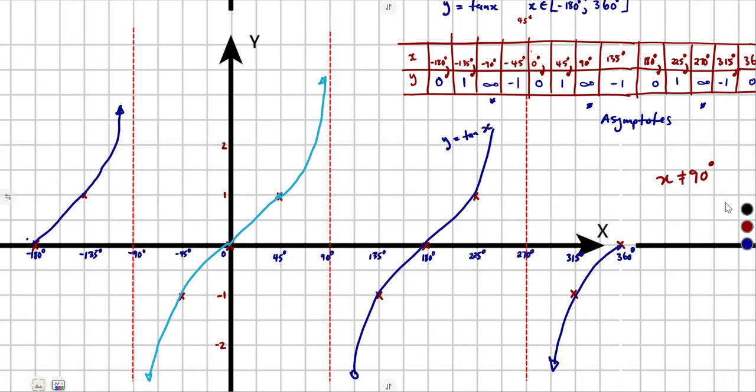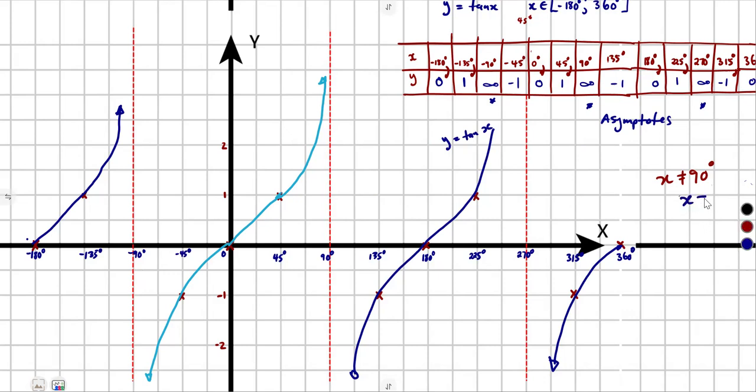At minus 90, x cannot be equal to that. So when you are to write down your domain, you must include that x cannot be equal to those given values. Yes, x is any real value that you think of, but it cannot be what we have on the asymptotes. All right?